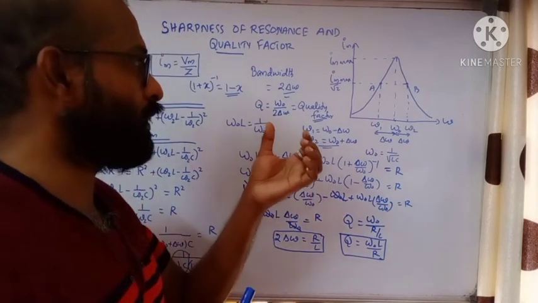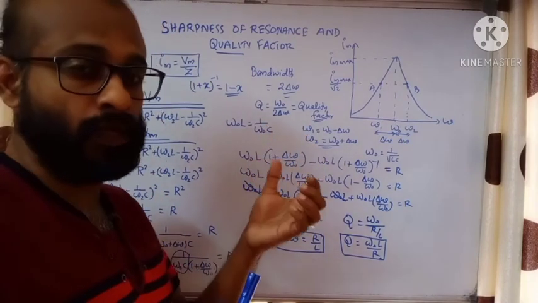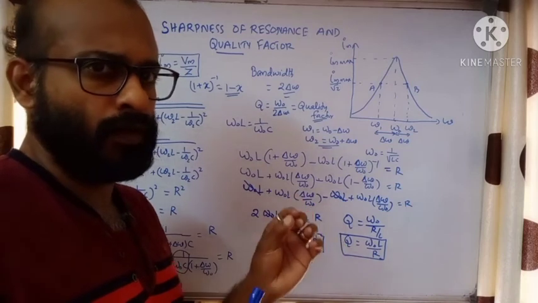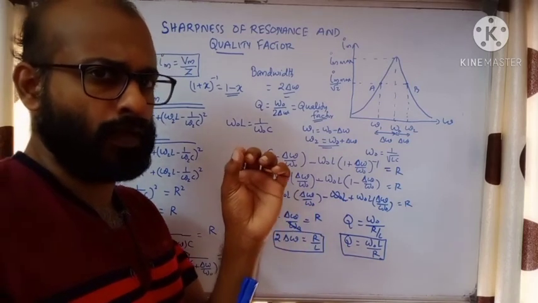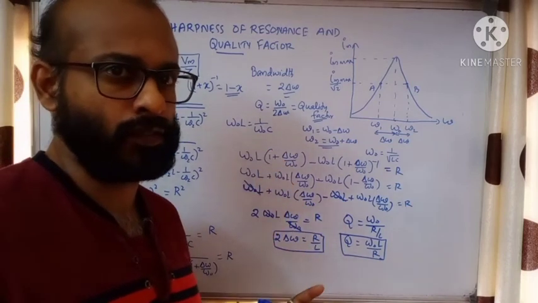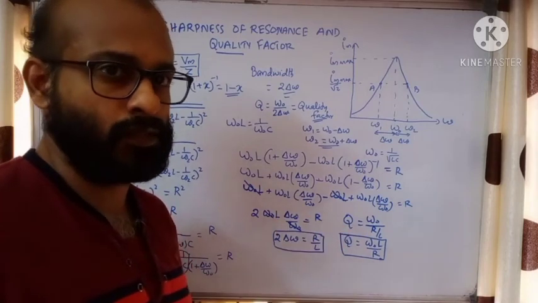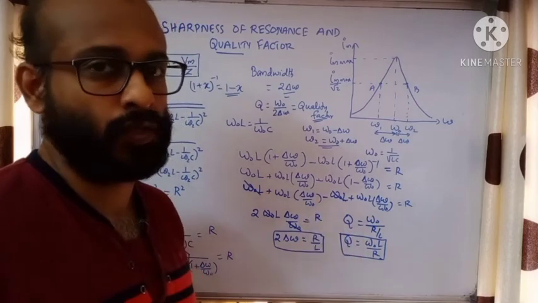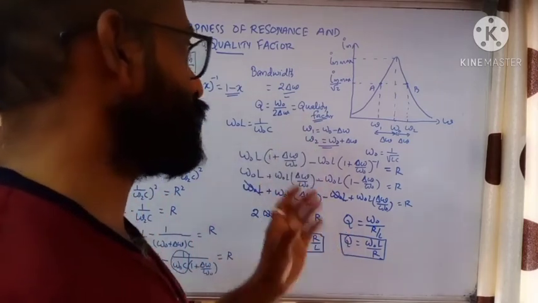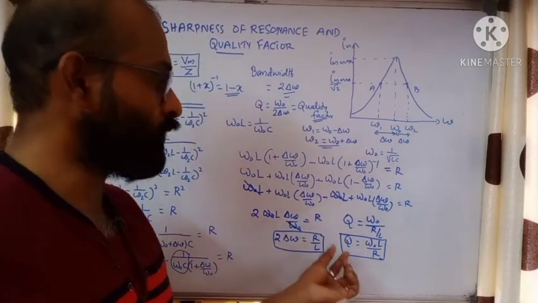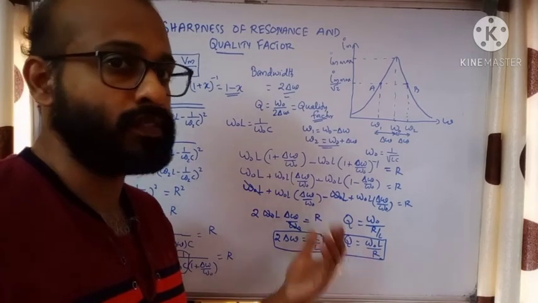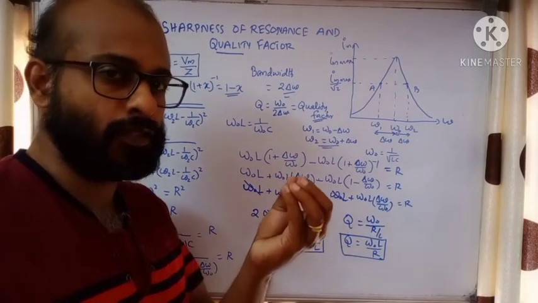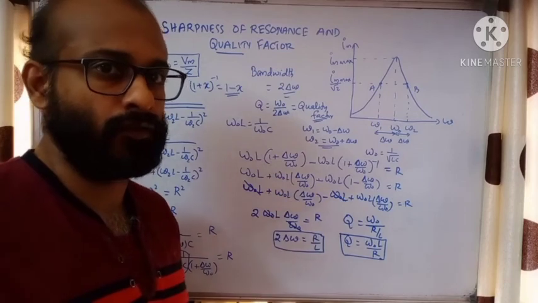If the frequency response is sharp, we get a particular frequency for the resonance to take place, so we can say it is more selective. That decides the selectivity of the circuit. An LCR circuit with a high quality factor has more selectivity. It can select a particular frequency easily without any difficulty.